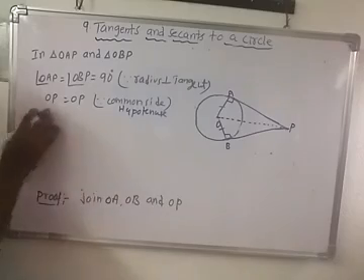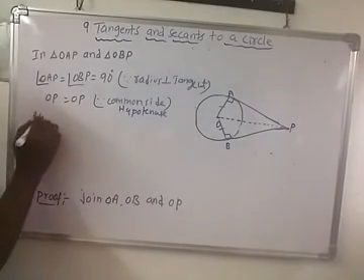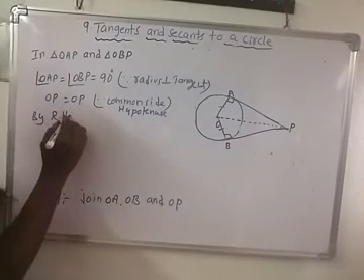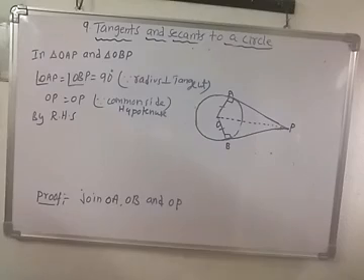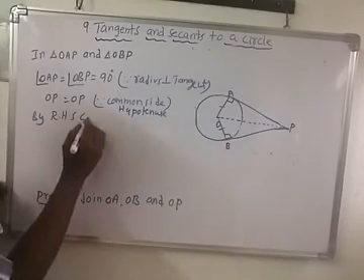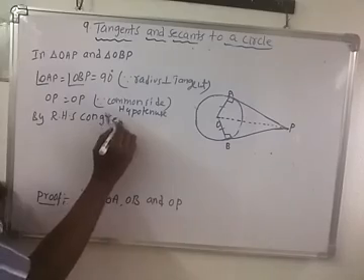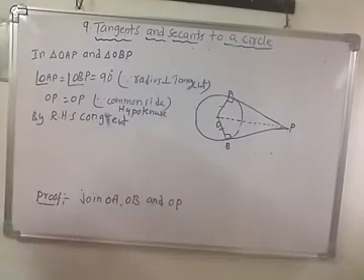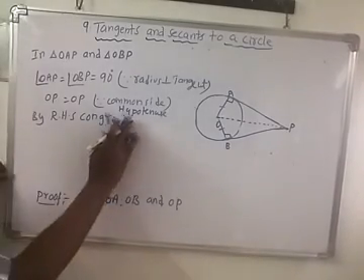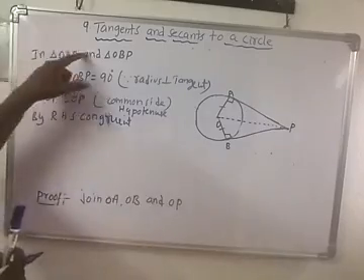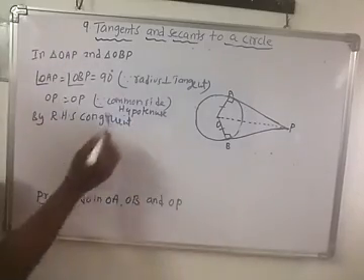Okay, now by RHS, right angle hypotenuse side, congruence, both are congruent triangles.